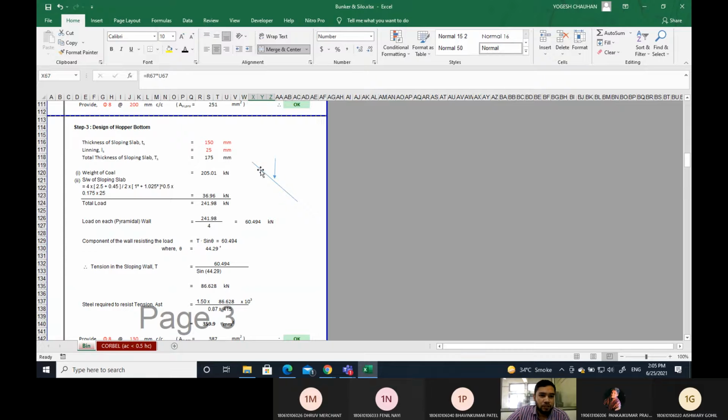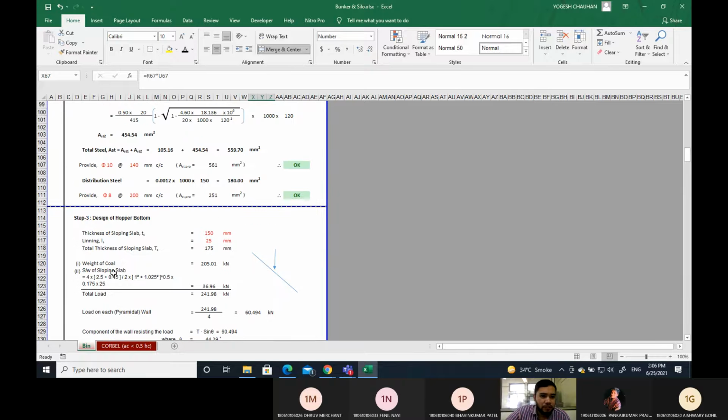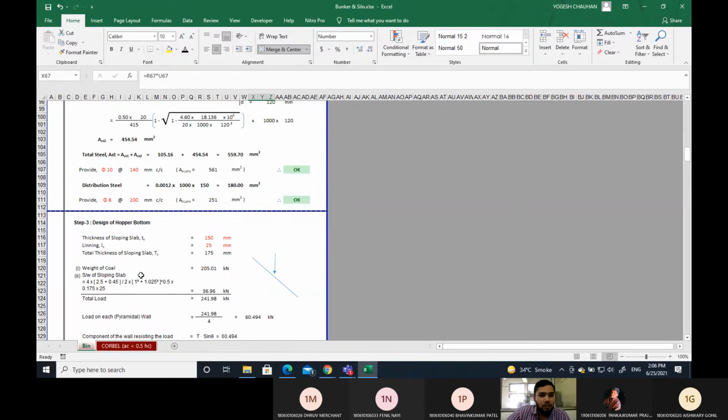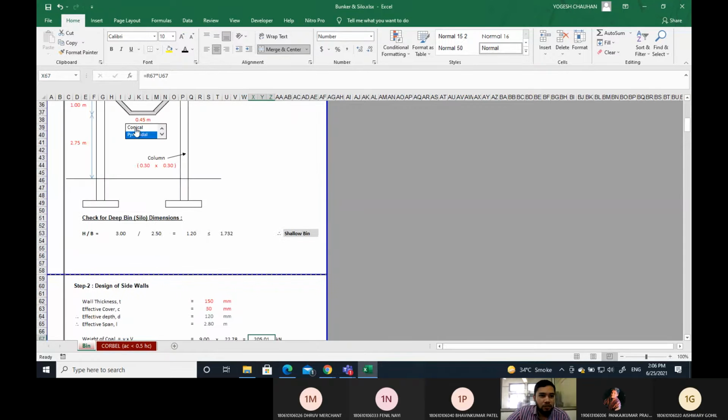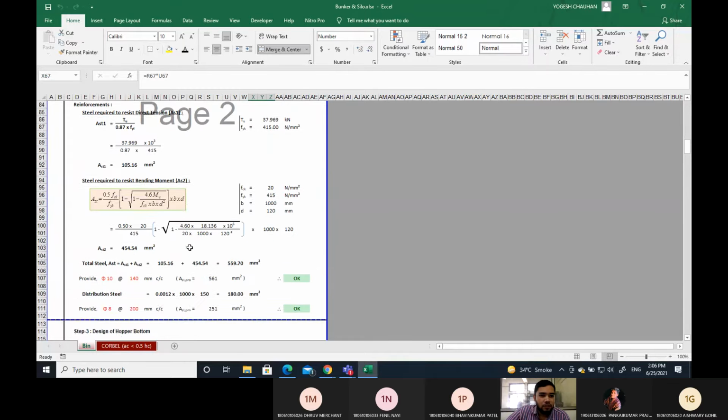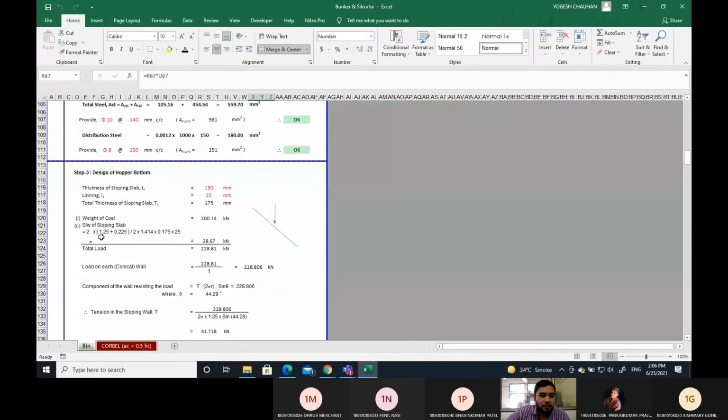Now this is to be distributed among all the 4 sides of the pyramidal wall, so divide by 4. You have to formulate it in such a way that the same sheet is applicable for a conical dome as well. When you choose the conical dome, this formula changes for the self weight of the sloping slab of conical shape.